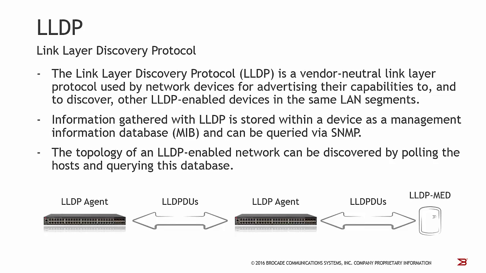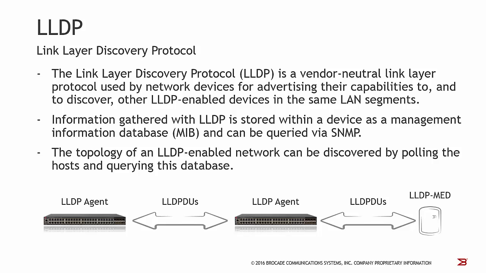A very useful protocol is LLDP, which stands for Link Layer Discovery Protocol. LLDP is a vendor-neutral link layer protocol used by network devices for advertising their capabilities to neighbors. Information gathered via LLDP is stored within a device as a Management Information Database (MIB), and this can be queried via SNMP.